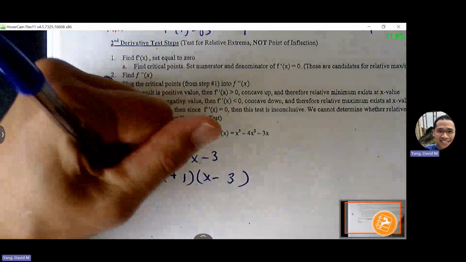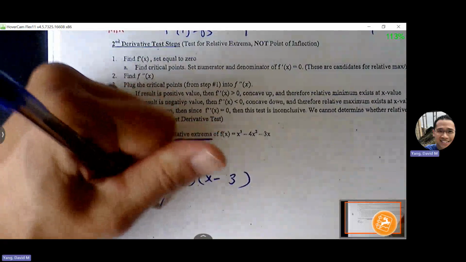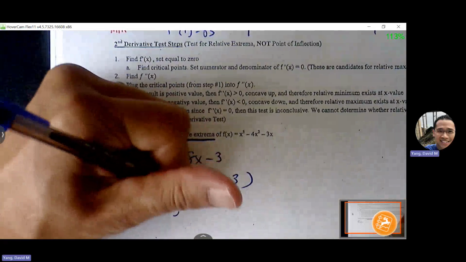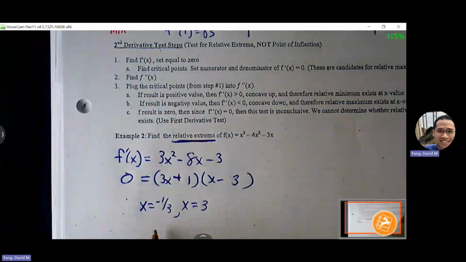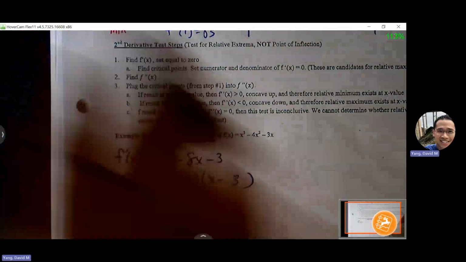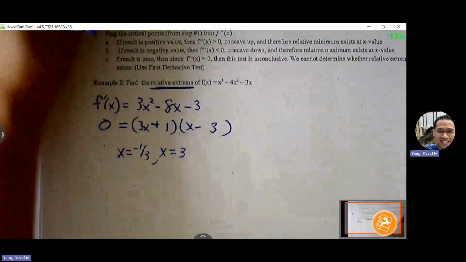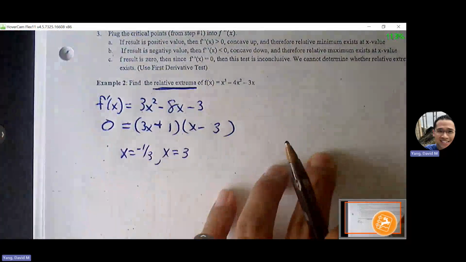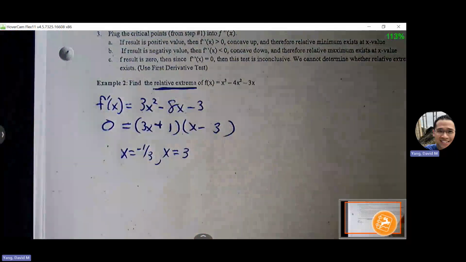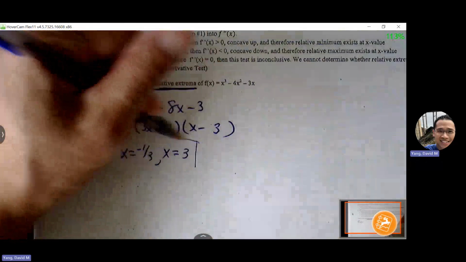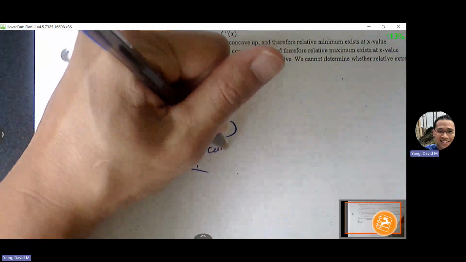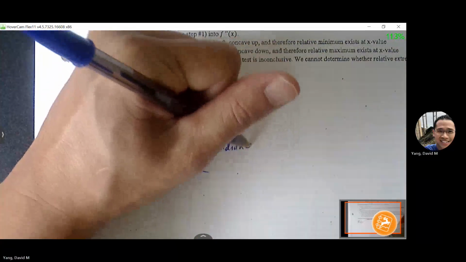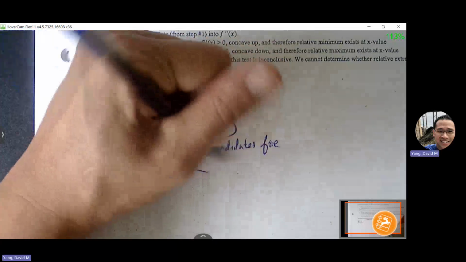Okay, I can solve for x here. x is -1/3 and x equals 3. So we have 2 candidates for relative max, relative min. Normally, if you had a choice, you probably want to go through first derivative test and just put it onto a sign line and then test your interval. But we're going to go down a different path. But we know these are our candidates, right? At least we know that these are candidates for relative extrema.